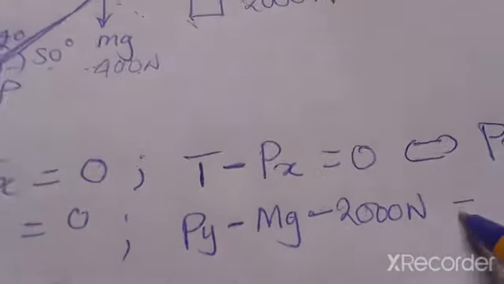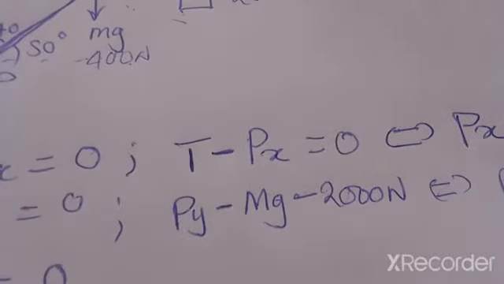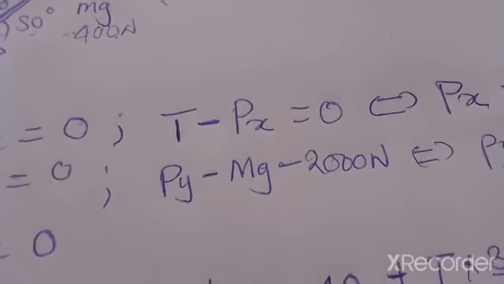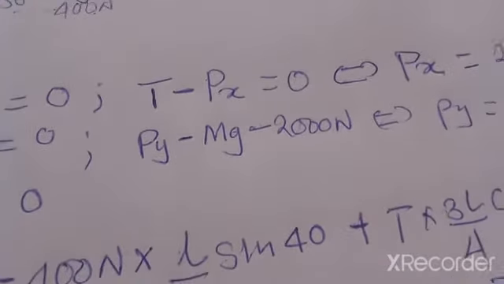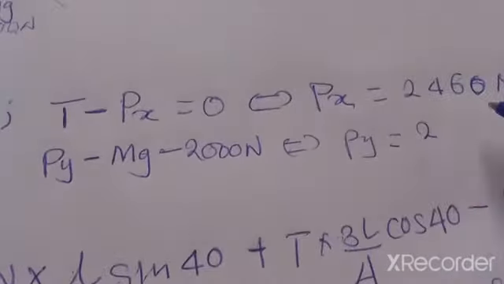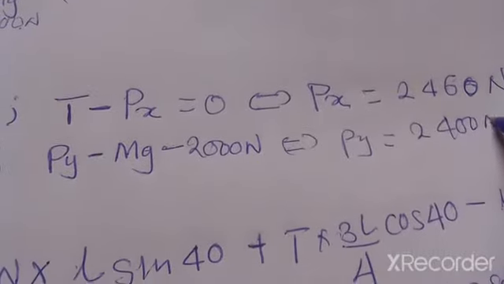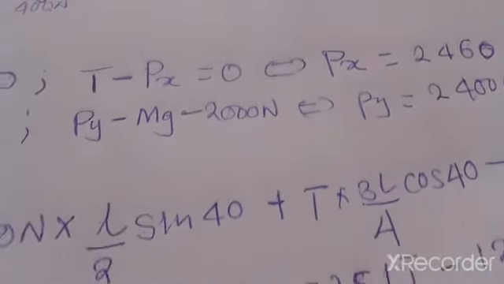These two will give us Py equal to 2000 plus 400, which is 2400 newtons. Okay, so these are the forces that are acting at the hinge here.